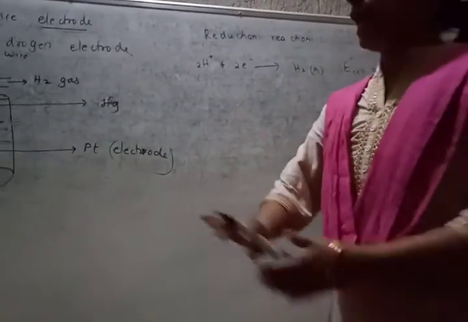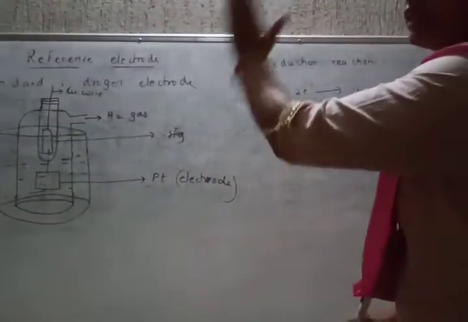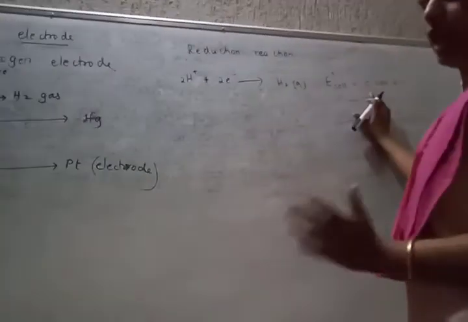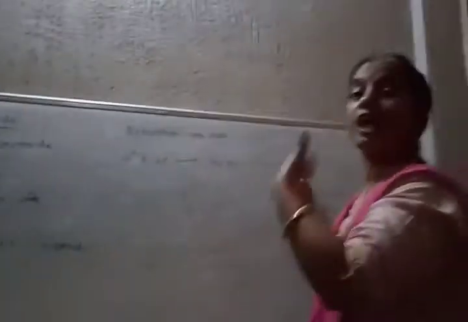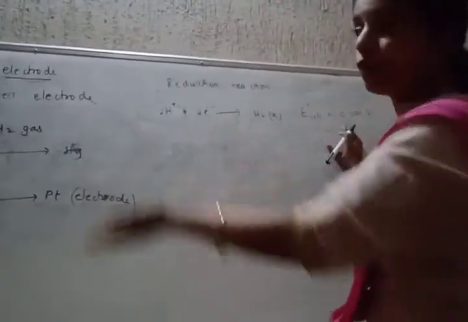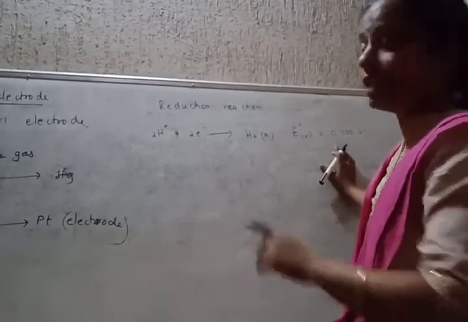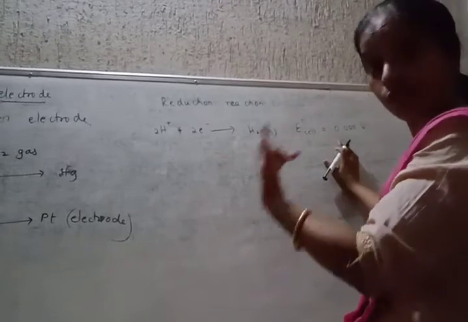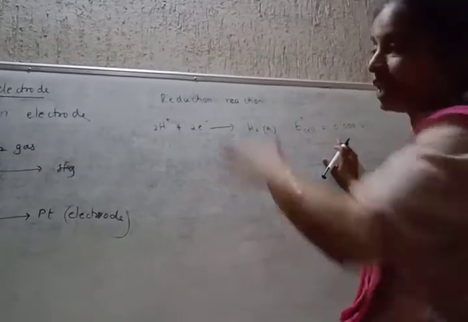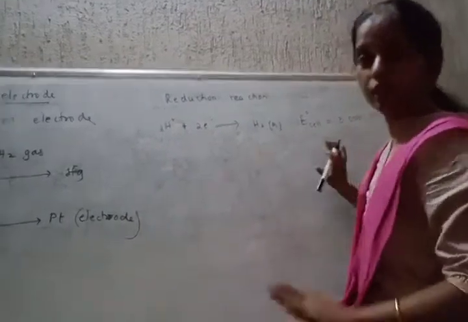What is the use of this standard hydrogen electrode? Arbitrarily, its potential is taken as 0. In a galvanic cell, if it acts as an anode or a cathode, students, we can measure the potential of the other electrode accurately. Suppose it is used as an anode along with a cathode, then we can measure the potential of the other partner. Take its potential as 0 and the other's potential as positive.